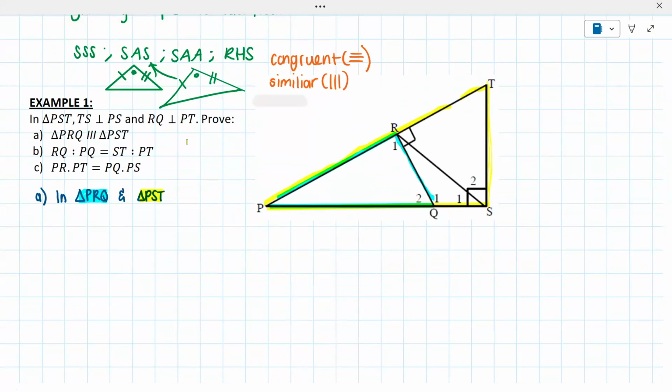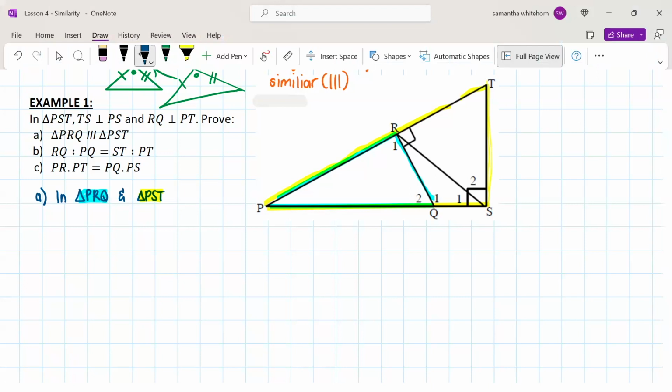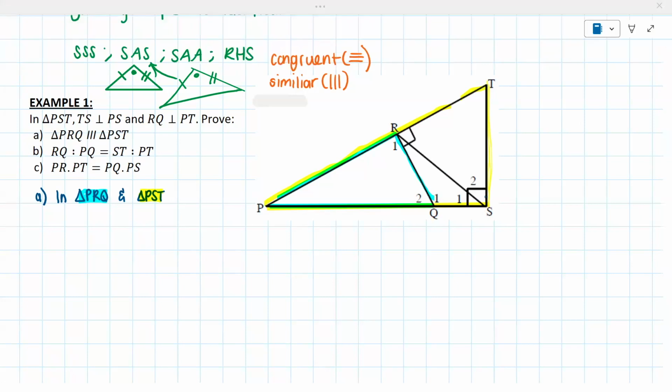Now I want to prove that they're similar. Now remember, we've just established in this case, we can only do that by proving angles are the same. So now we have to look in those two triangles I've highlighted and see which angles are the same size. So have a look. Can anyone give me two angles in the two different triangles that are the same size?